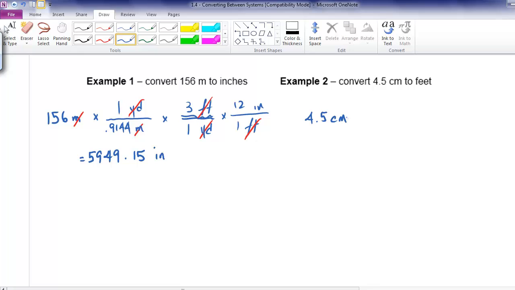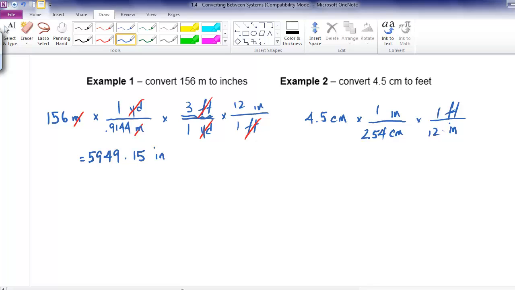We have an exact conversion from inch to centimeter. And again, we want to get rid of the centimeter, so it's on the bottom. 1 inch is 2.54 centimeters, and we want to end up with feet, so I need to get rid of inches, and we do have a nice conversion there.